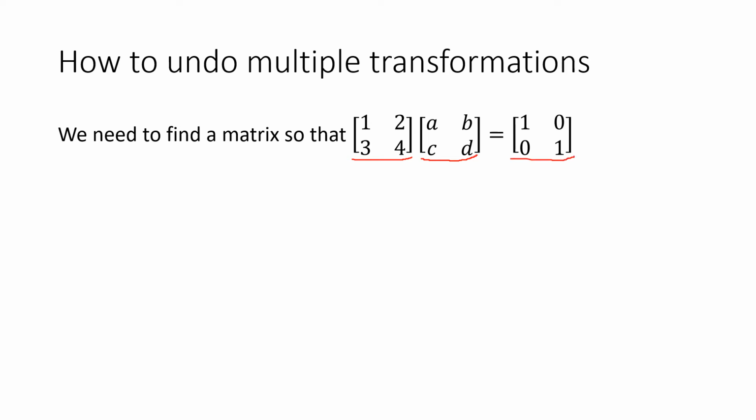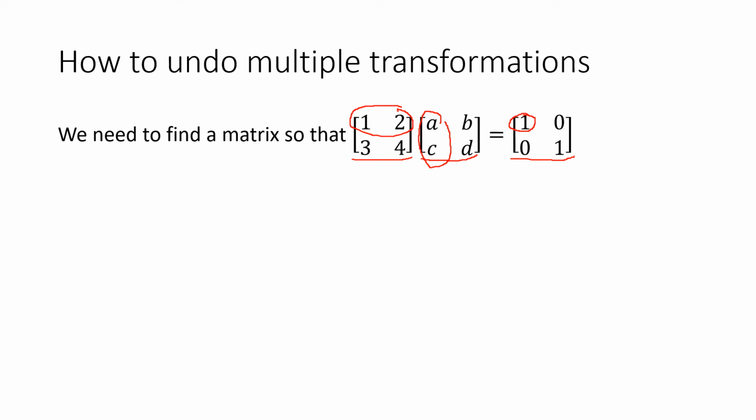So we can go through and look at each of the particular values. And in this case, we notice that the dot product of these two values needs to give the value of 1 because that is the first row, first column. So A plus 2C has to equal 1.